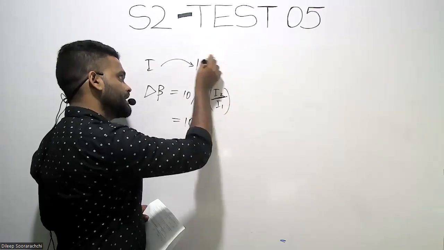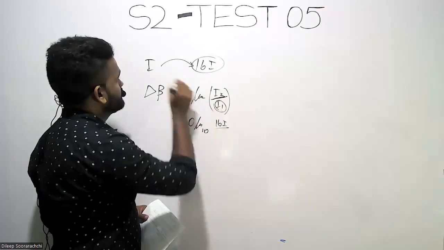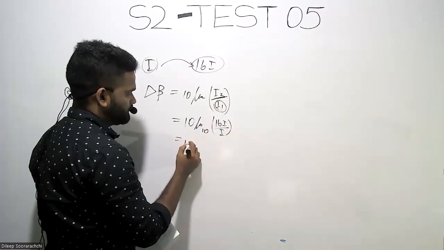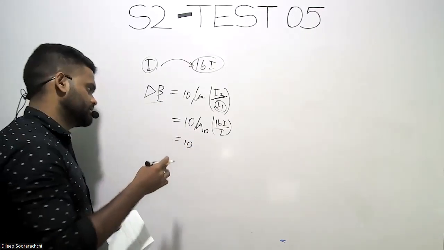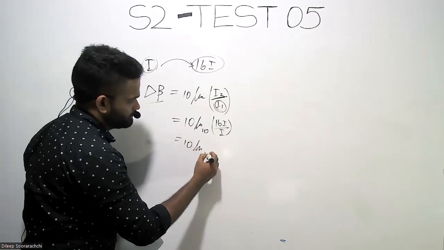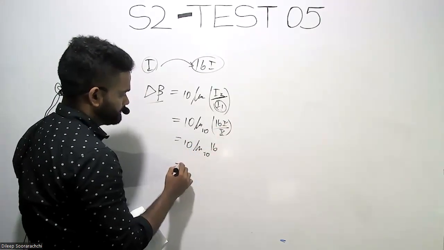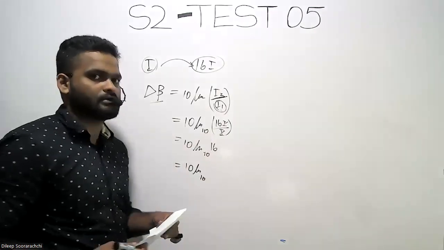I2 is 16I. Initially, it is just I. So first, let's find the increase of intensity level. If you cancel these two, this becomes 16. 10 log 10, log 16 is not given.